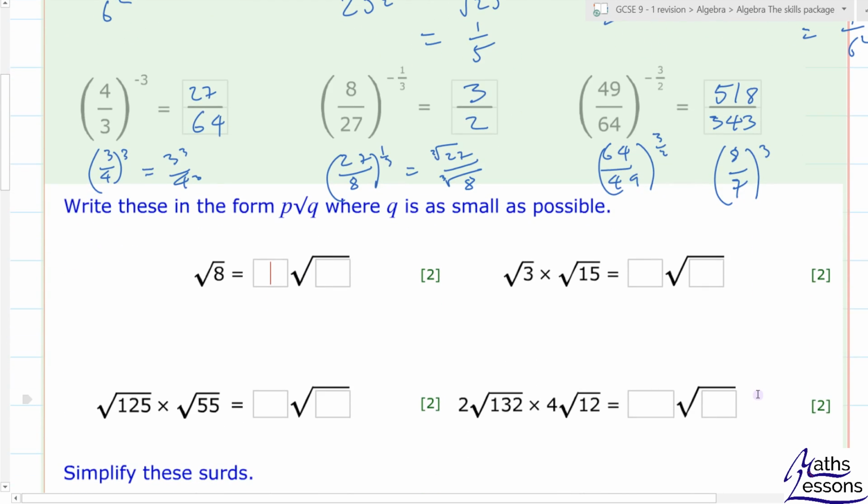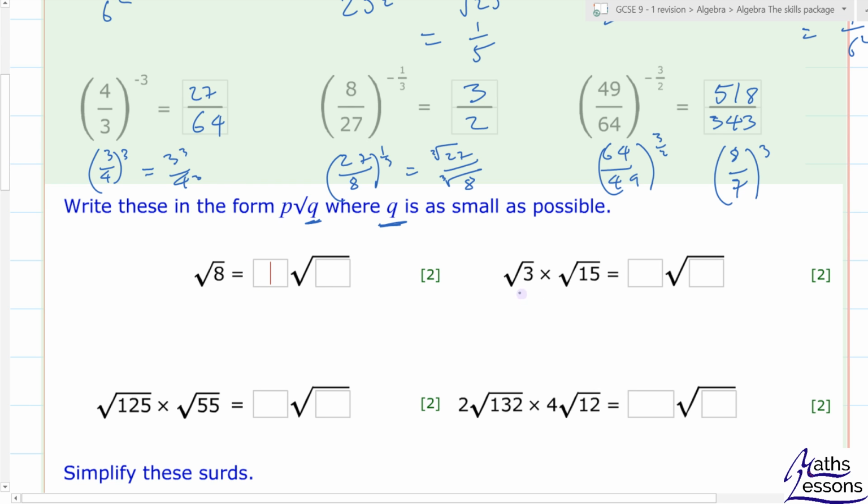Right, we're just going to have a look at some straightforward surds problems, and we're trying to simplify and get them into a number times the square root of another number. Make the q as small as possible. Let's just break this down. I'll give you a few seconds to think about the square root of 8, see what you come up with.